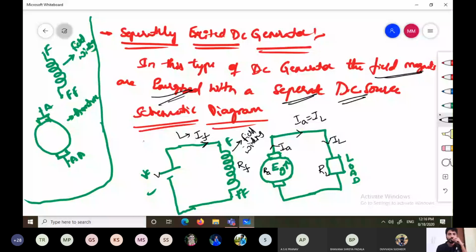This is called the field circuit. And this is another circuit present in this diagram, a separate circuit, the armature and load circuit.